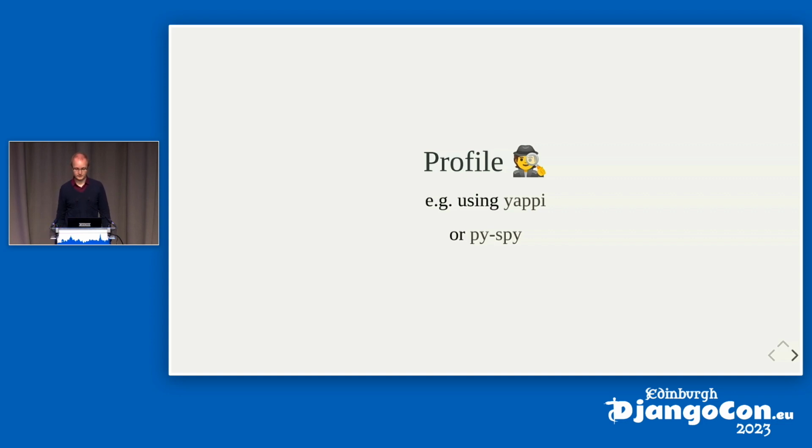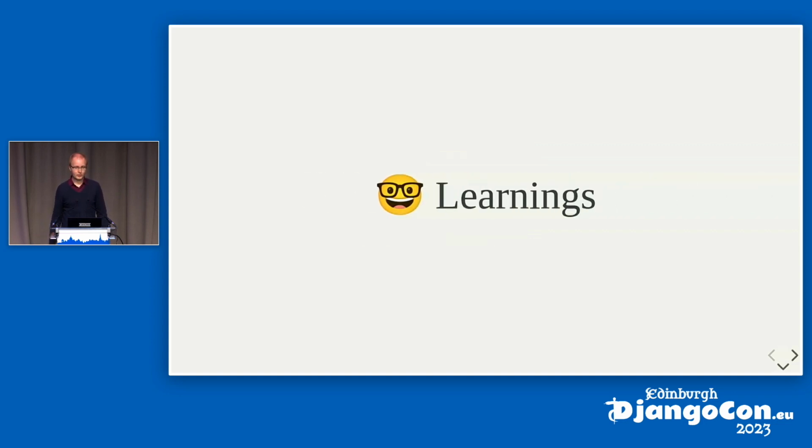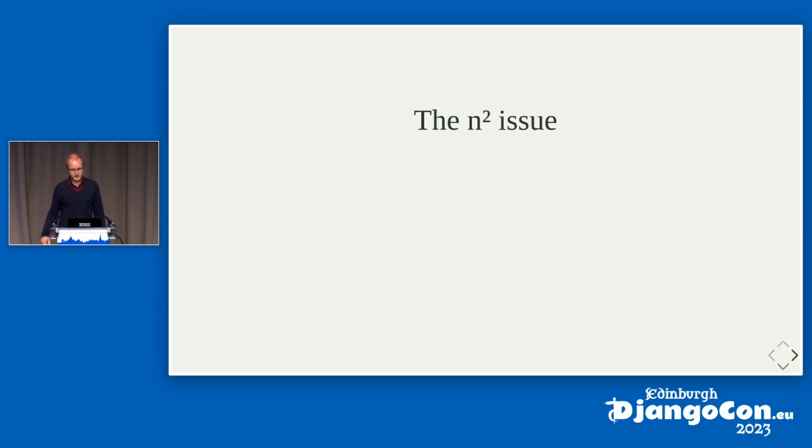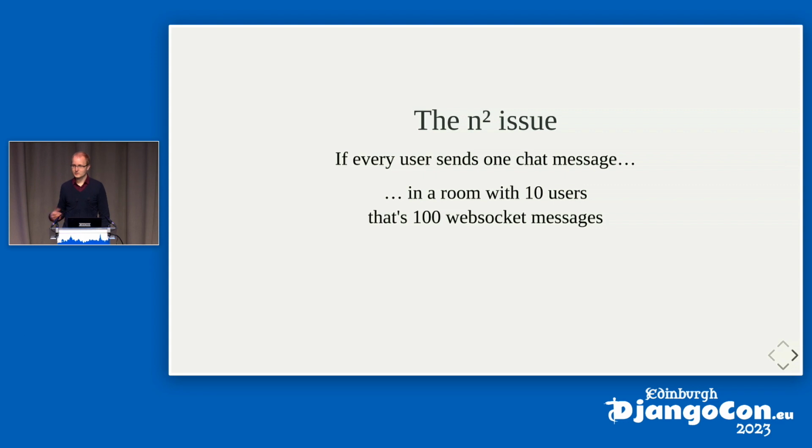So what did we learn from doing those load tests? One of the most interesting issues is what I'm going to call the n-squared issue in doing something like chat. Because if every user sends one chat message in a room with 10 users, that's 100 WebSocket messages, because I need to pass 10 messages to 10 recipients each.